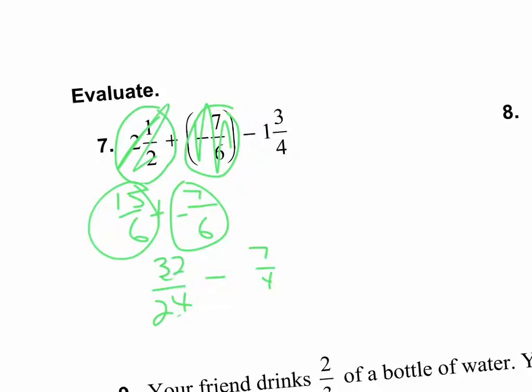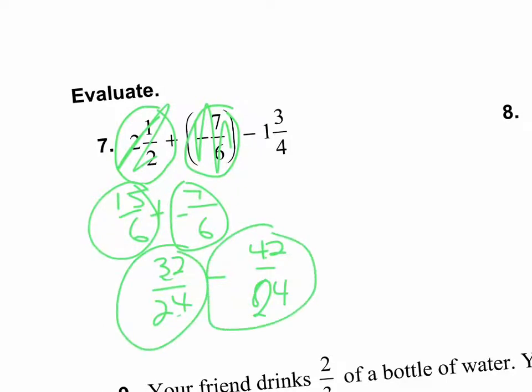Okay, then we move on and we do the same thing. We got to get 4 to 24, so we times the bottom by 6. And when we do the bottom, we have to do the top, so 4 times 6 is 24, and then 7 times 6 is 42, I apologize. Okay, so 42. And then we circle, so this is positive, this is negative.